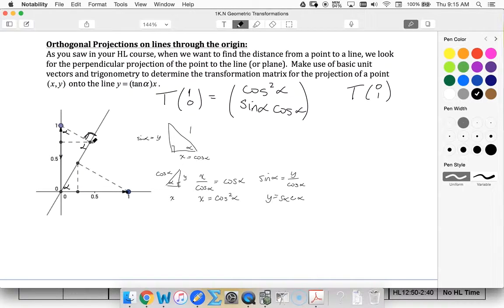Starting with my bigger right triangle again, I have a hypotenuse of 1. So this side here must be cos alpha. This side here must be sine alpha. So looking at this smaller right triangle, I have a hypotenuse of sine alpha.